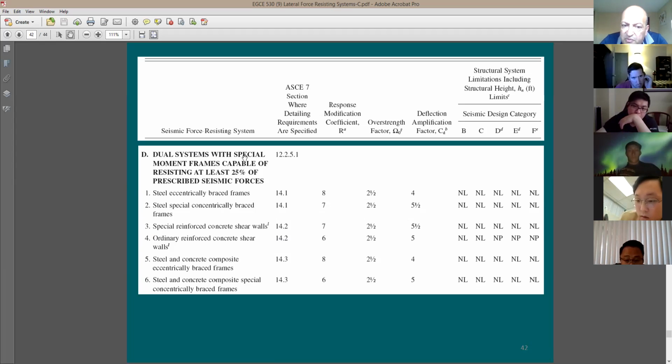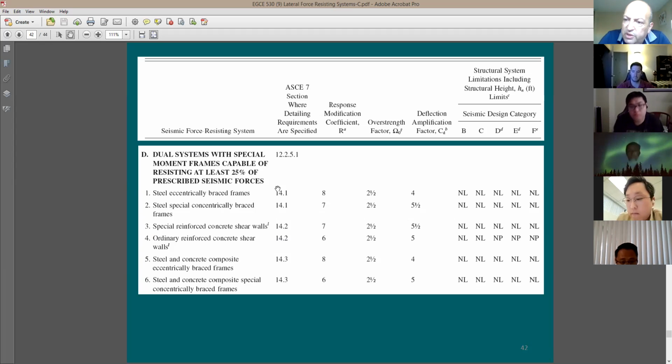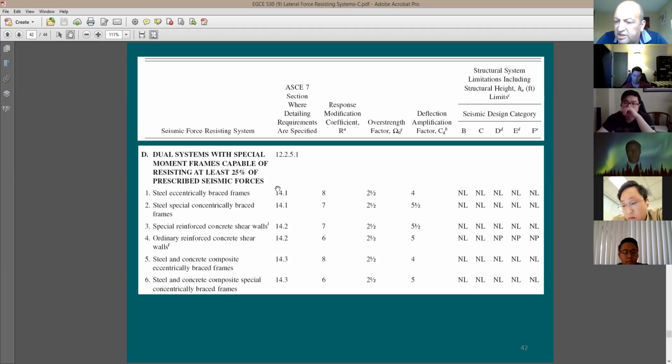Now you put in this moment frame, which is capable of resisting at least 25% of the prescribed seismic forces. So the problem is when you put a brace frame with a moment frame, the brace frame is going to be taking maybe 90% of the load, maybe 95%. As we say, usually it sucks all the lateral forces. Why? Because it is stiffer.